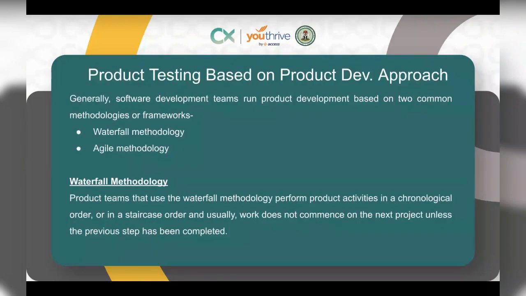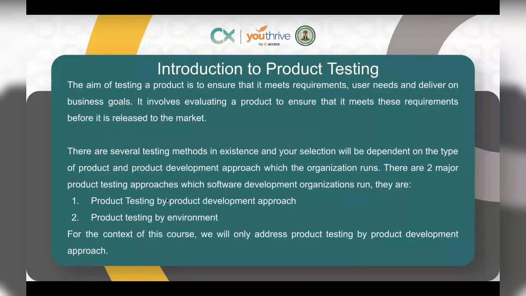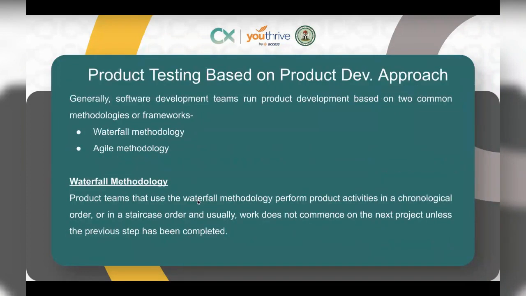Okay, thank you. Now, generally, software development teams run product development based on two common methodologies, right? While discussing product testing by product development approach, software development teams usually run two common methodologies or frameworks. These frameworks guide how the organizations run their operations, how product teams are structured, and all of that.